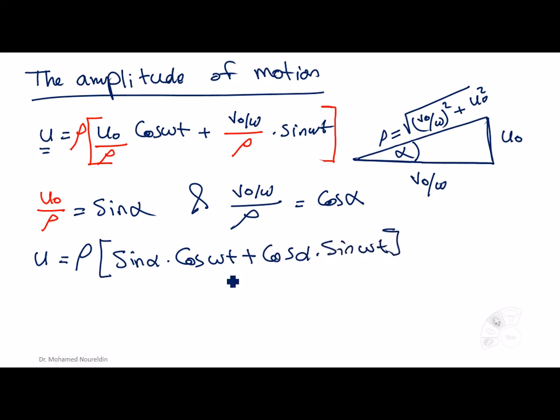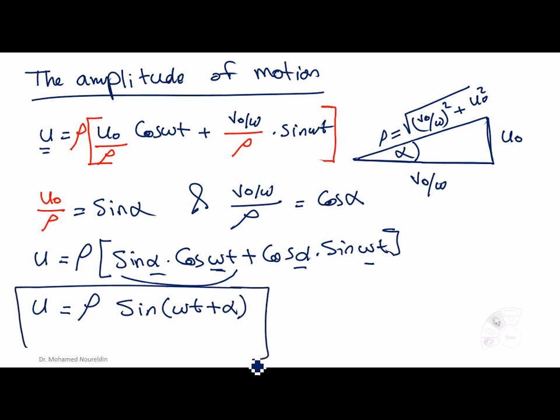If you use the trigonometric transformation, you're going to find that we can put u as rho times sine of omega t plus alpha. This is based on the trigonometric transformation.